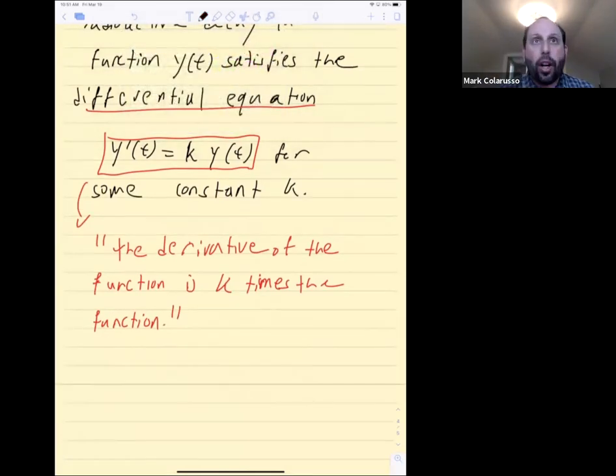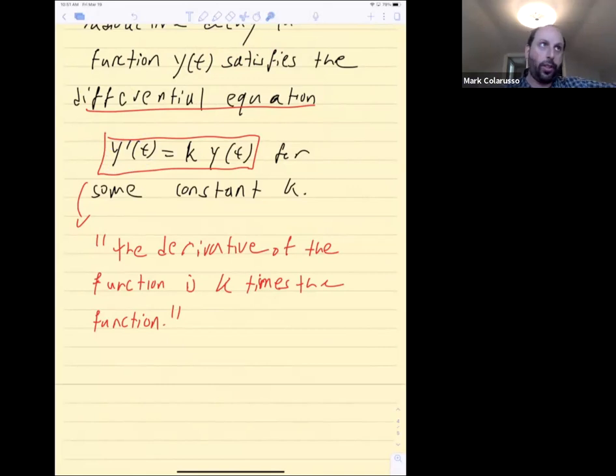Now, this differential equation appears in these applications. Like I said, it also has something to do with interest. And way back in the beginning of the discussion of exponentials, I mentioned that air resistance for motion in free fall also has a differential equation like this, where the rate of change of the speed of the object is proportional to the speed of the object.